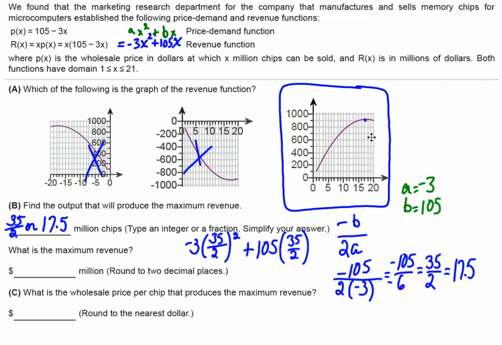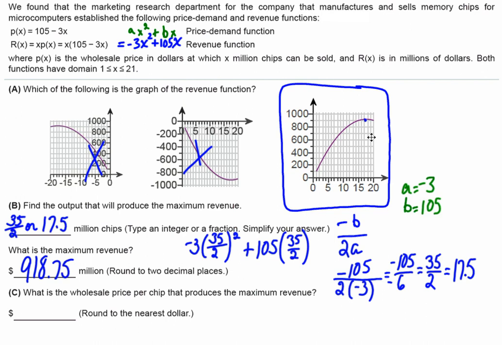Once you solve that, you should get 918.75 million. That's rounded to 2 decimal places.